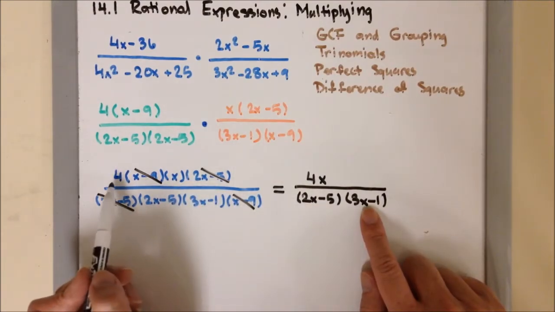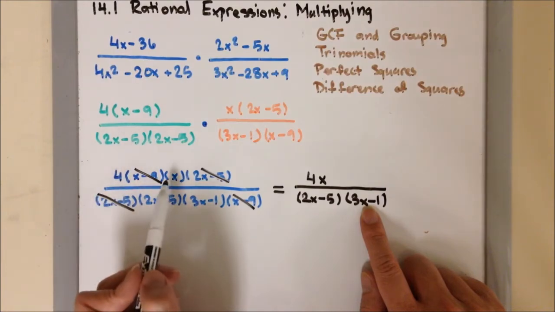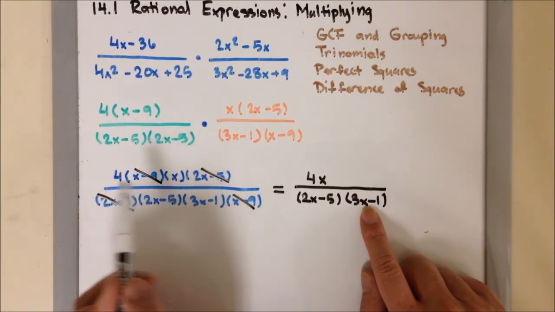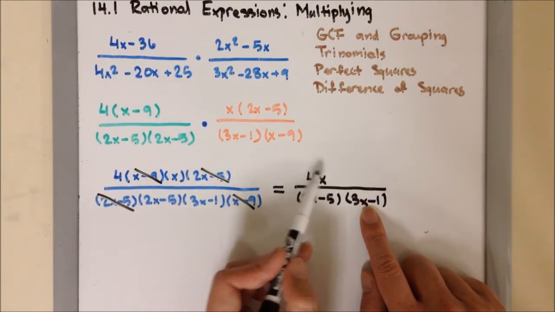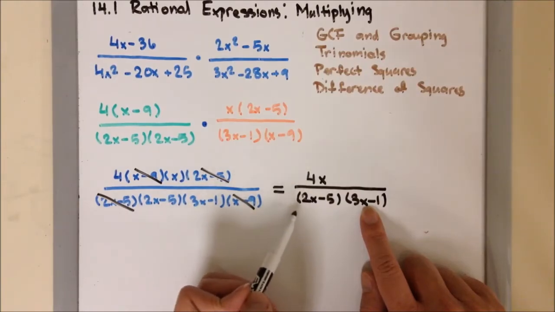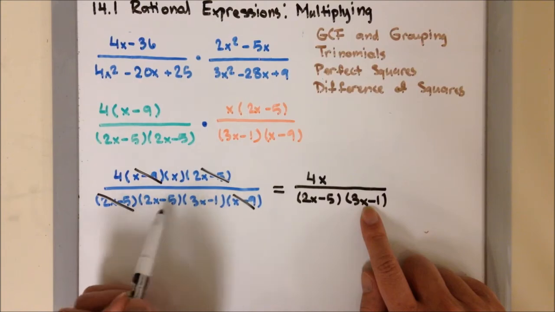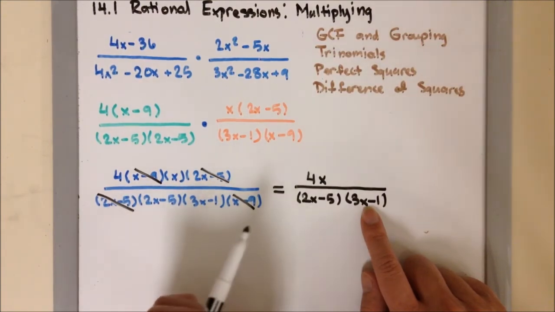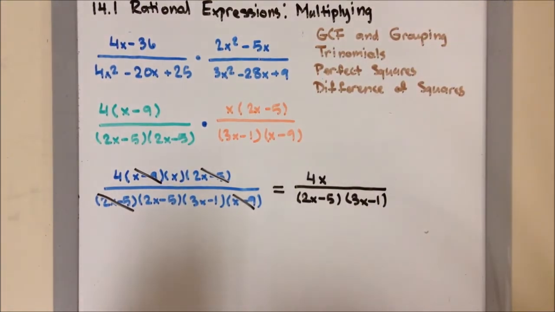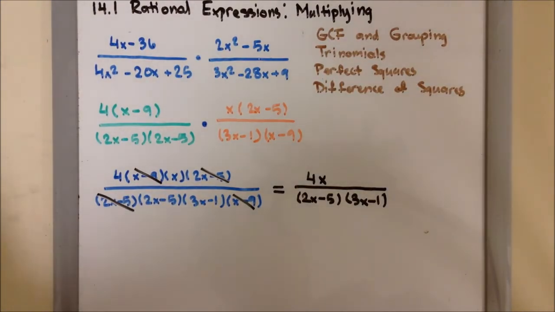In the top, I only have a single number multiplying to a single variable. 4 times x is simply 4x, so I don't need the parentheses. But in my denominator, I have parentheses because we have expressions multiplying to each other, so make sure you include your parentheses. If you leave it out, your answer will be wrong and points will be taken off.